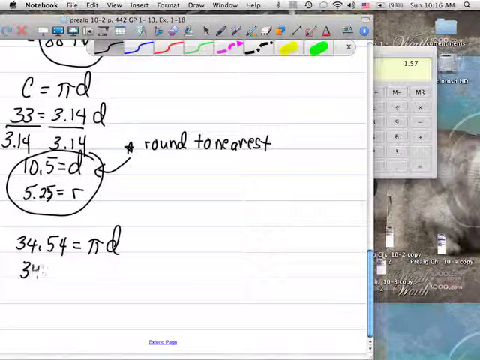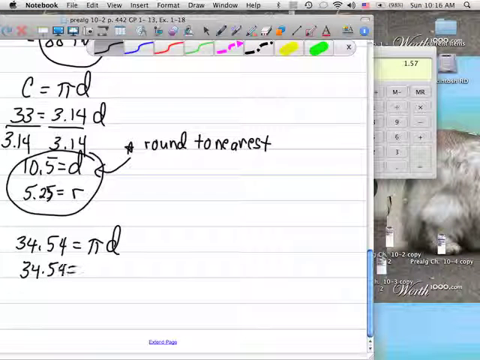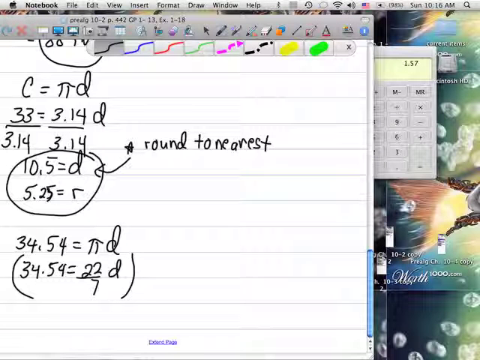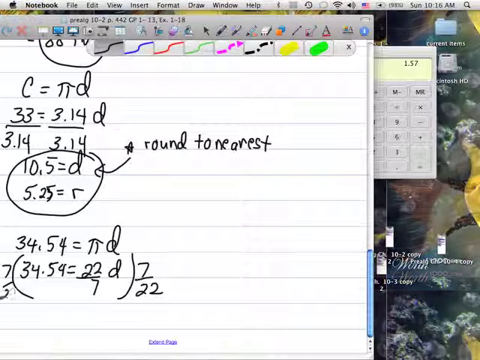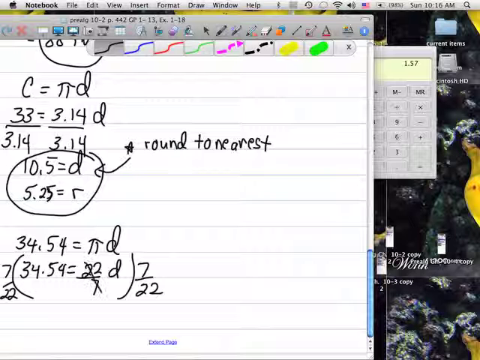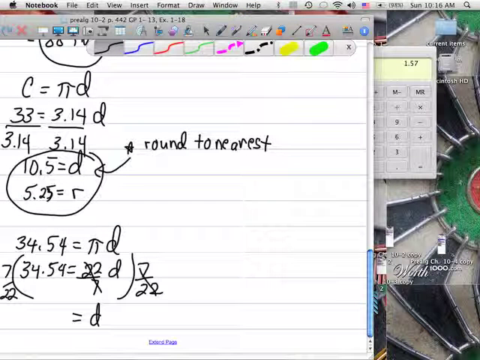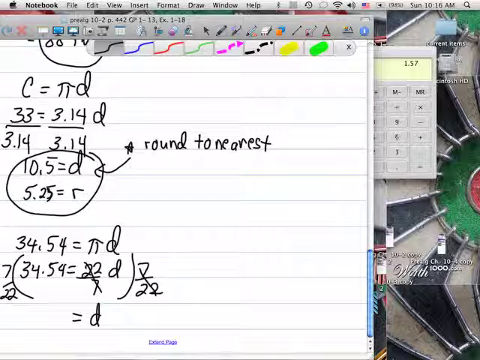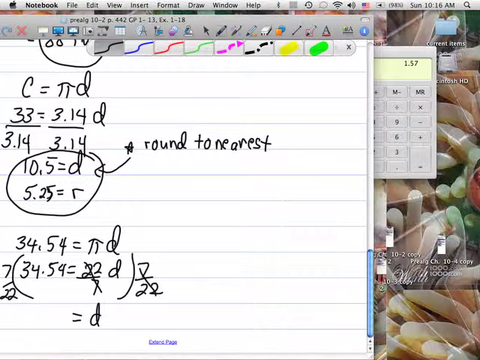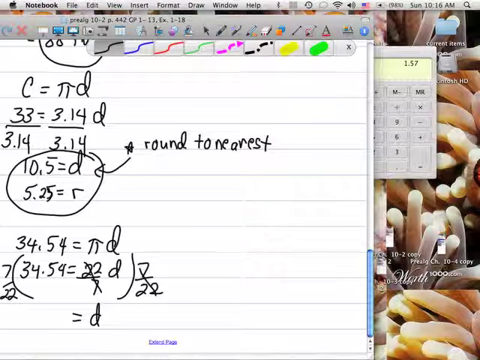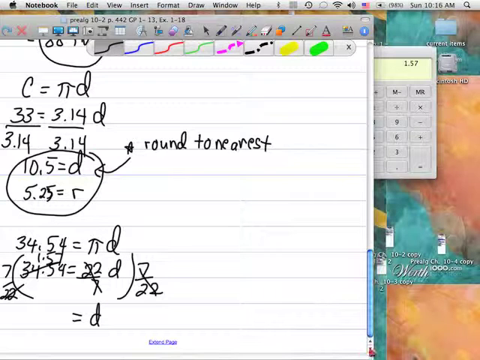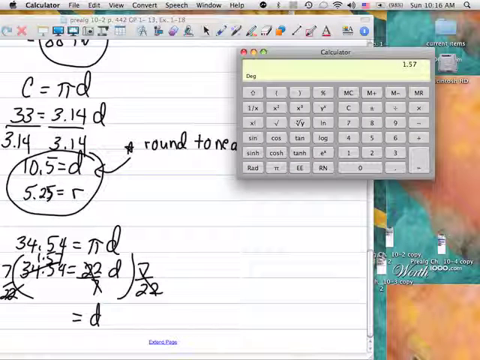So 34.54 equals 22/7 times D. So I'm multiplying by 7 over 22. So D equals, 22 went in there, 1.57, and times that by 7.